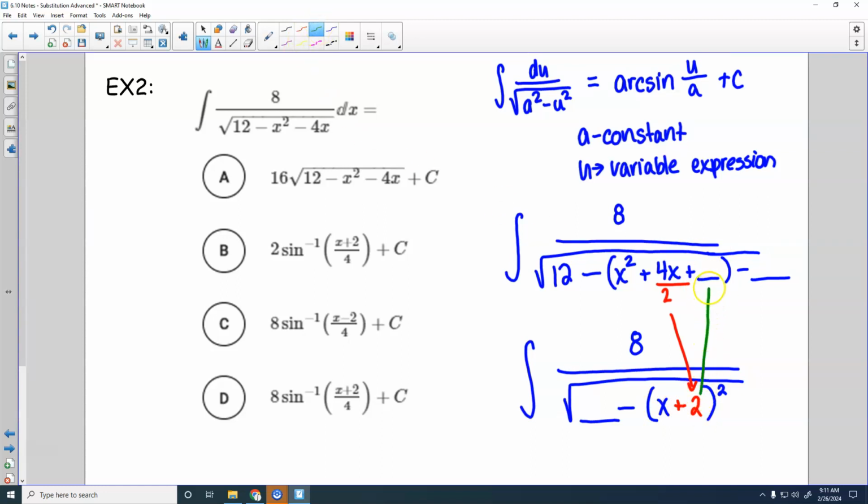You take this number right here and raise it to the second power and you get that number. Really should have done one where it wasn't 4s, where those numbers are the same. But you divide by 2 to get the number that goes here, and you square it to get the number that goes here.